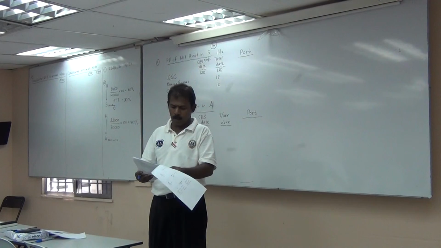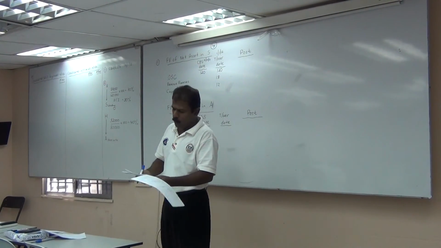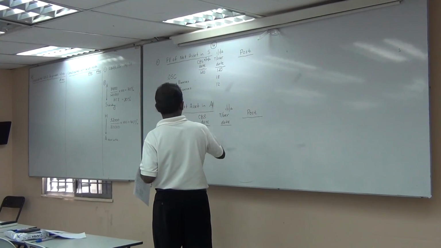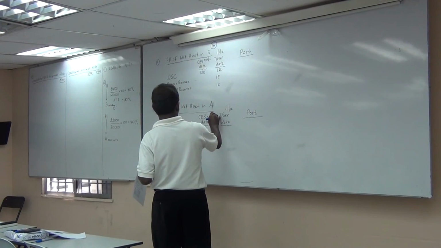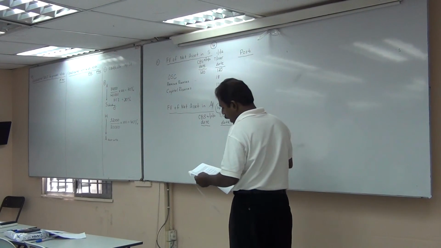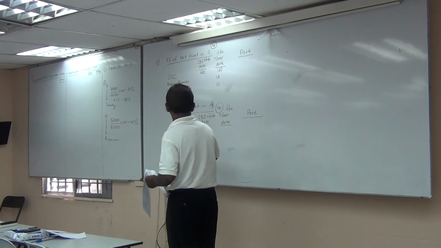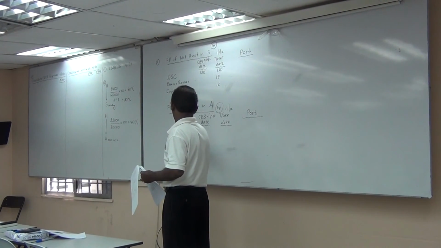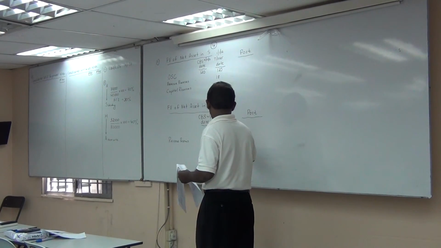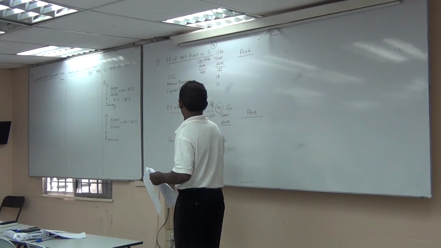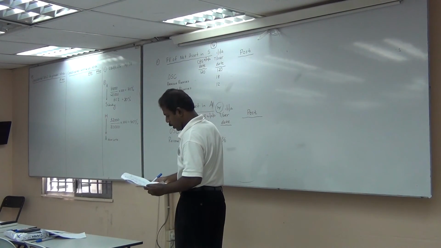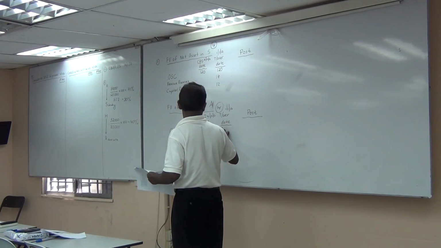Okay, read further B. H also acquired in A on 1st January 2012. So what is the takeover date? 1st January. So how many years already? 1 year, when the RR, revenue reserve, stood at 36,000. So revenue reserve here 36. Okay, OSC, how much? 80.